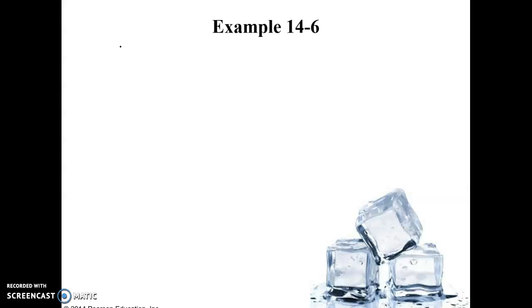So let's look at the first step. Step 1. Cool down the water. How much heat are we going to have to remove from the water in order to change it into ice? Well, heat is equal to mc delta T. And so that is going to equal the mass of the water is 1.5 kilograms.